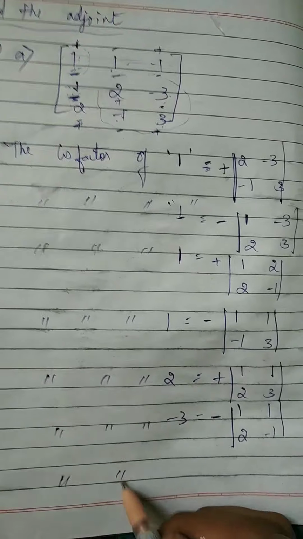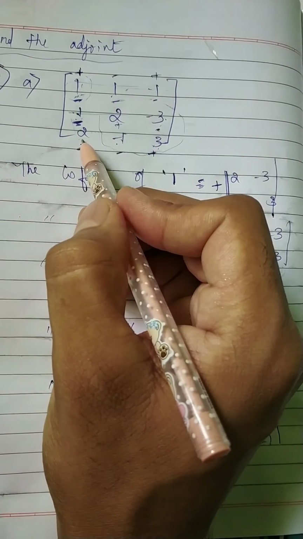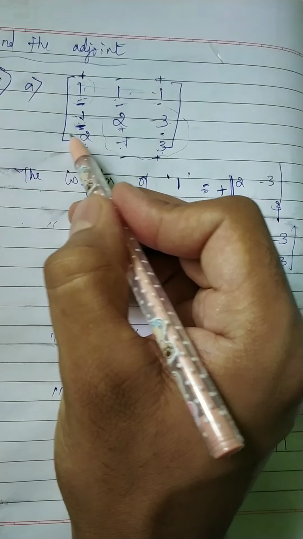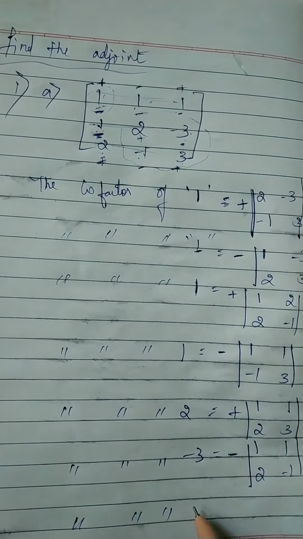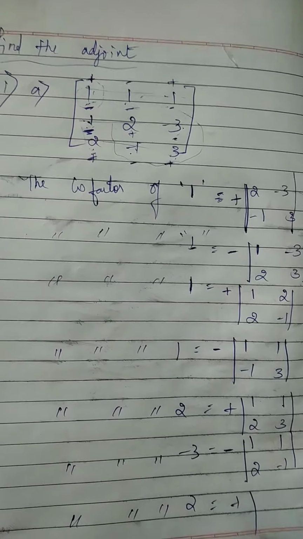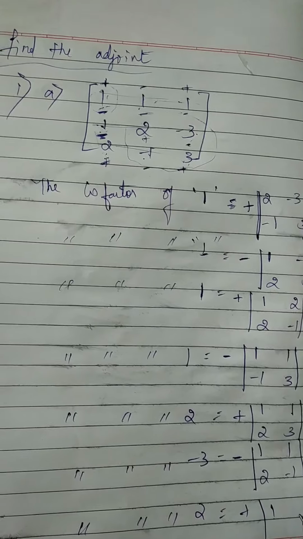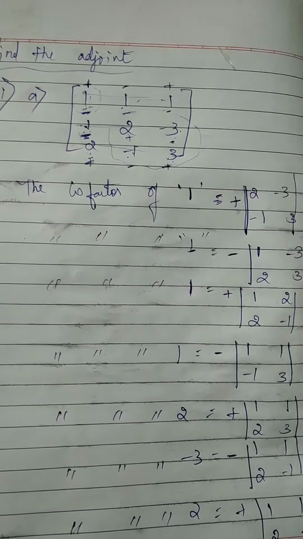Similarly, the cofactor of this particular 2: if you delete this column and this entire row, the sign is positive there, okay? So it will be 1, 1, 2 and minus 3.